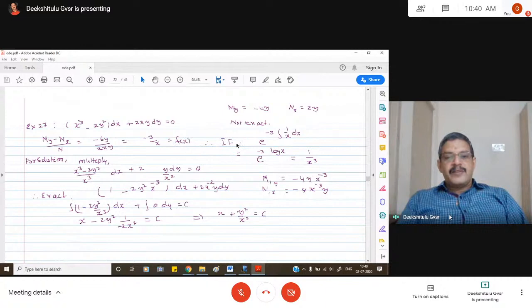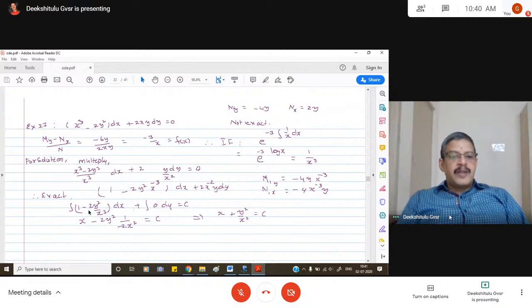So the integrating factor is e power integral f of x dx, e power minus 3 integral 1 by x dx. This is minus 3 log x, or e power log 1 by x cube, or simply 1 by x cube. If you multiply this equation with 1 by x cube, this is what we get: (1 minus 2y square by x cube) dx plus 2x power minus 2 y dy.